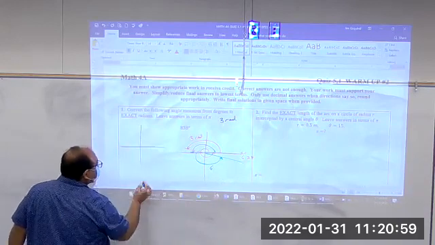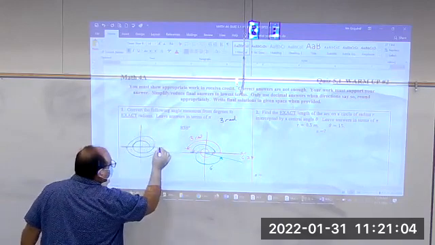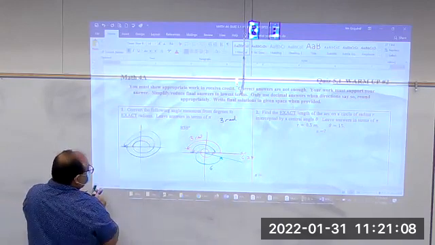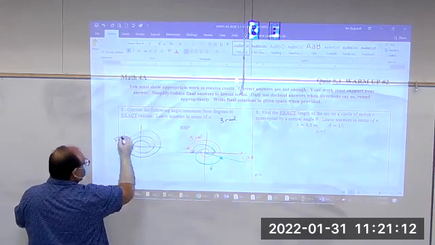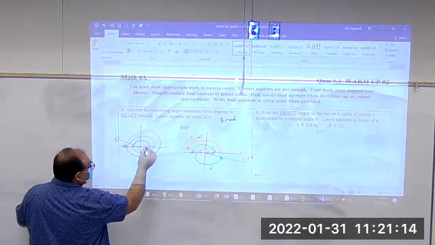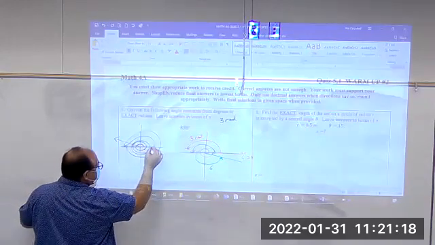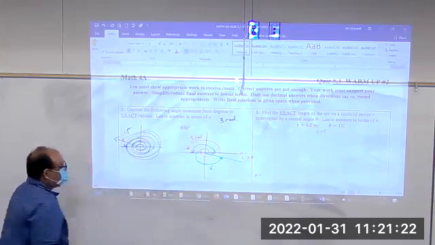There's 1 pi, 2 pi, 3 pi, 4 pi, here's 5 pi. So 15 radians would be just short of right there. It would be around here, around here again, and then right here. 15 radians.